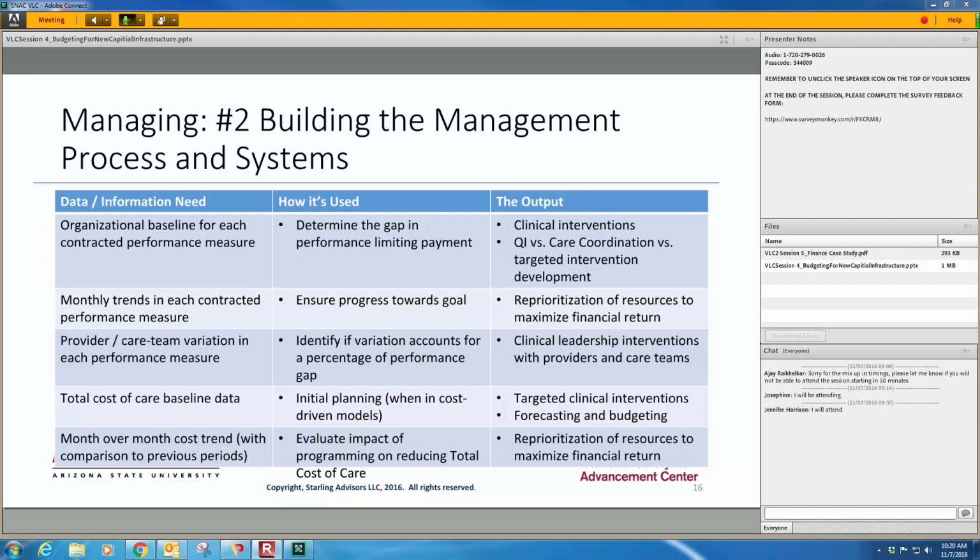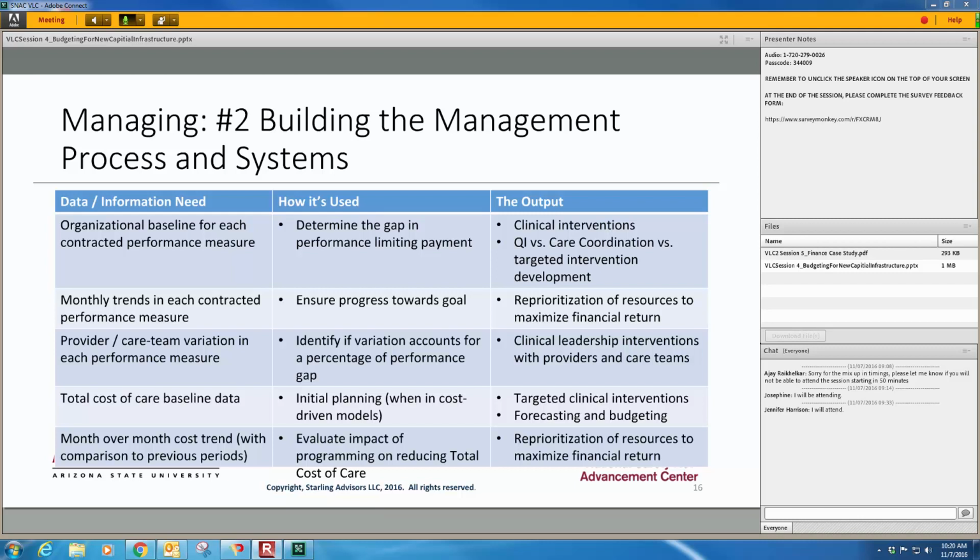And we're going to talk about quality improvement, something we're probably very familiar with, care coordination, something I think we're a little less concrete on, versus what we call targeted interventions. And targeted interventions I really think are something we're going to have to get very accustomed to because they're the most impactful on some of the riskier payment models down the road.